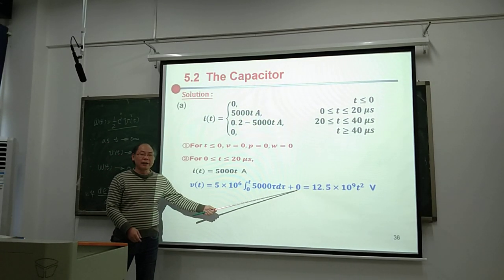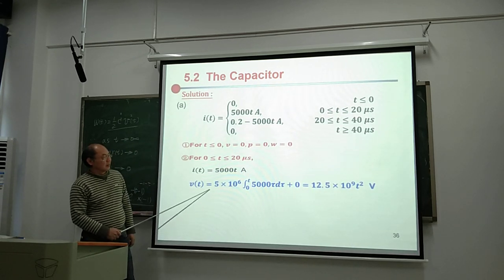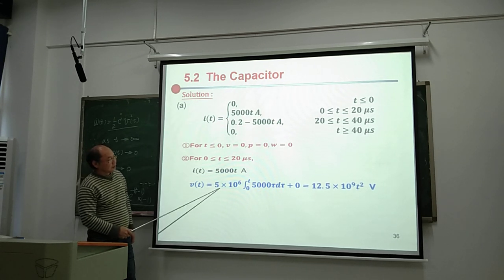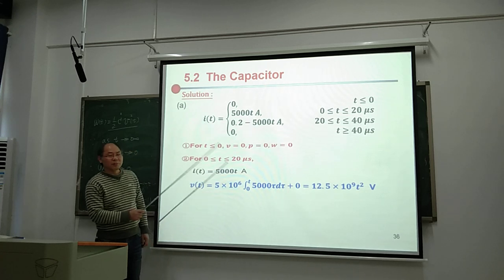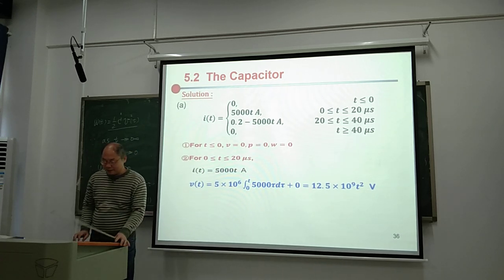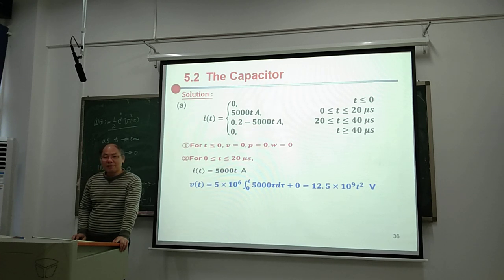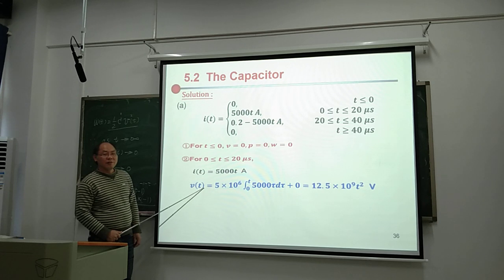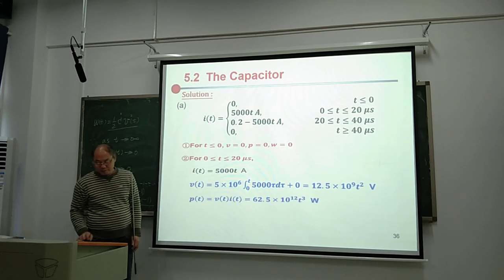This is I0. And so this may be simpler. And so power is V times I. Yeah.